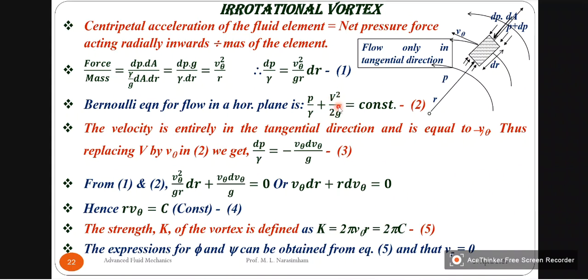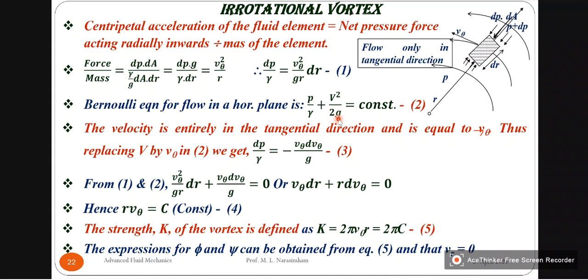Here v is the velocity in the theta direction, so I write d of v theta square by 2g.